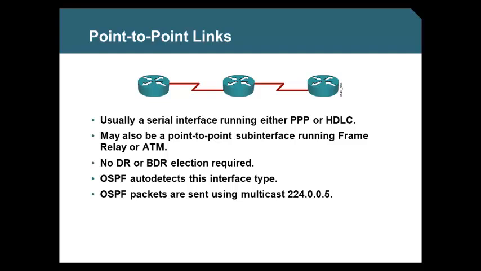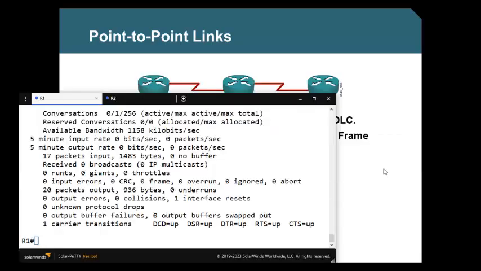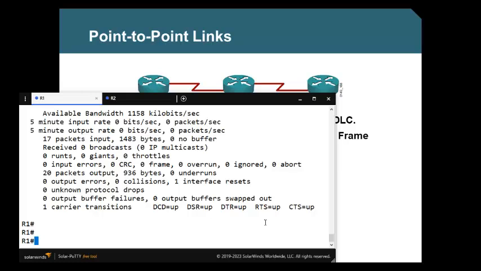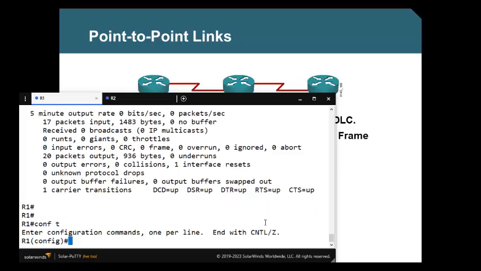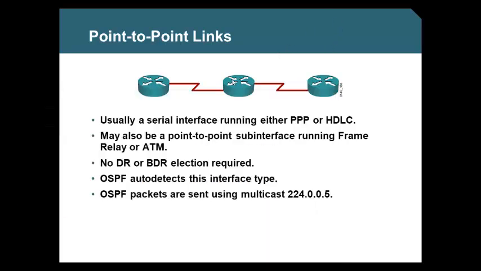If I have a Frame Relay switch in the center instead of this router, then I should run Frame Relay, isn't it? How to run? Interface serial 4/0 encapsulation frame-relay. You see? Encapsulation frame.